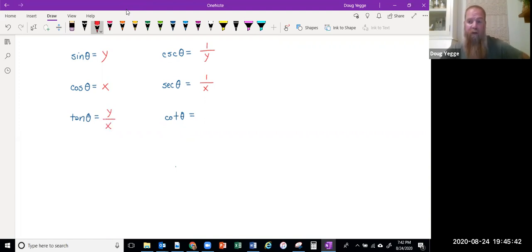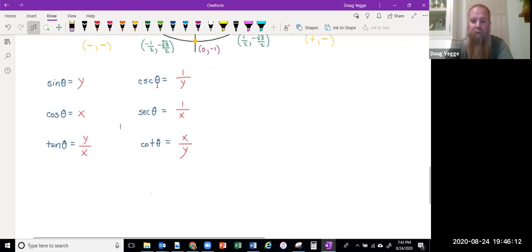So I take the quotient of the 2 ratios, or of the two coordinates. If I look at cotangent theta, now I can see that it's x over y. So now, if we are given a special angle of 30, 45, or 60 degrees, or any of the reference angles in the other quadrants, all we need to find all 6 ratios is the x and the y coordinate.